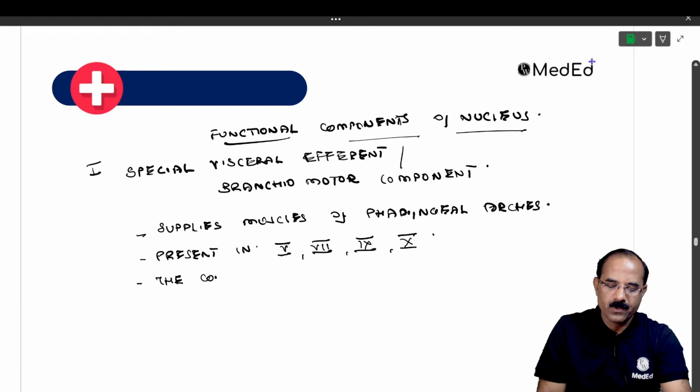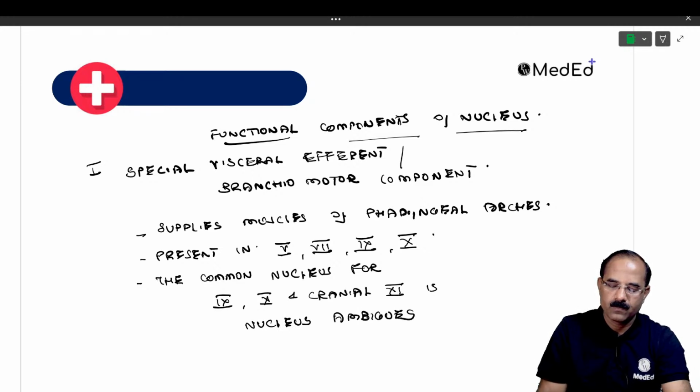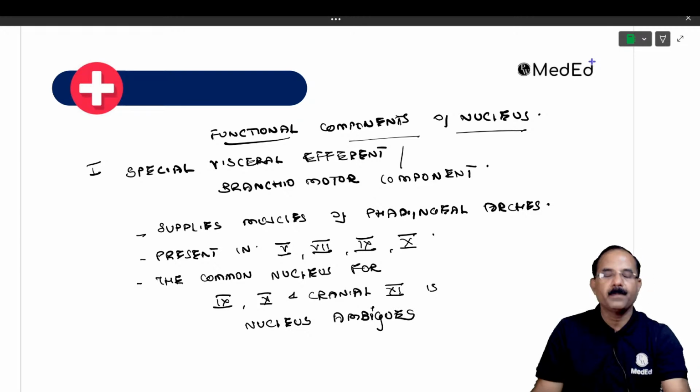The common nucleus for the 9th, 10th and cranial accessory nerves is nucleus ambiguus.